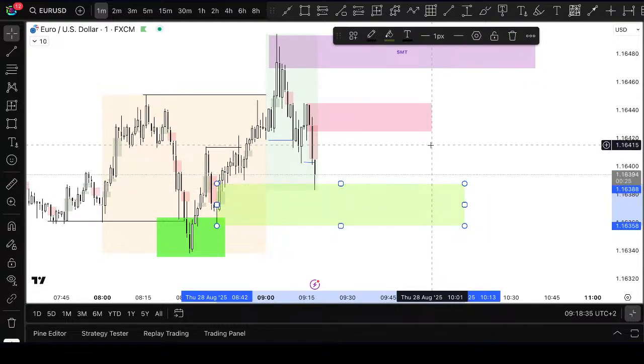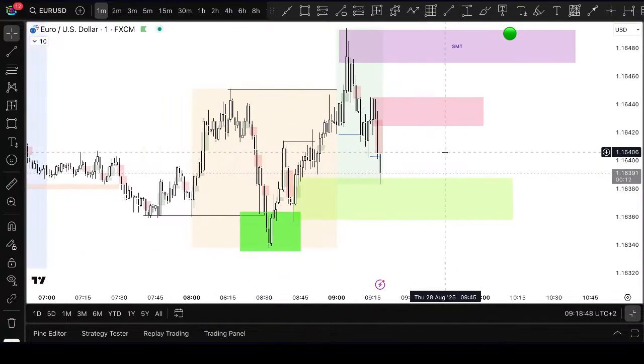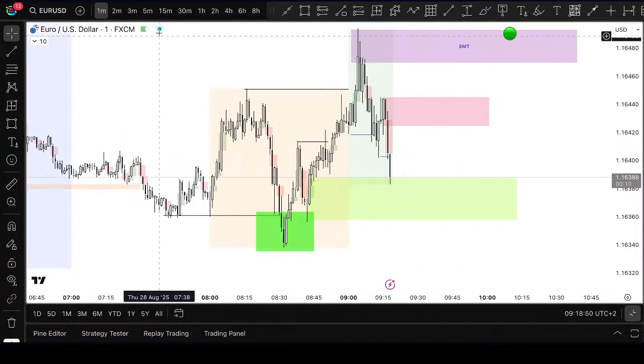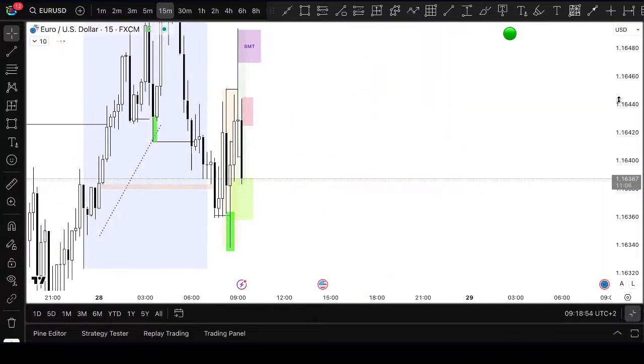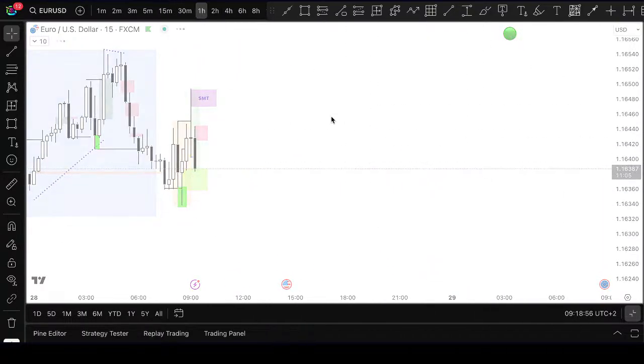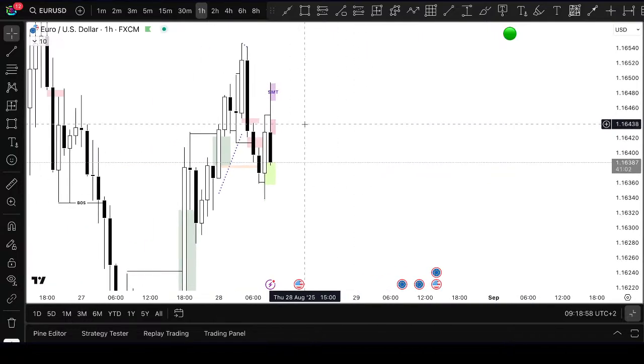We need to have a good stop loss because previously in the days I had made mistakes of choosing a bad stop loss and I got missed out. One trade which I still remember is painful. And in 1 minute it's still bullish. In 15 minutes we are getting rejections down there.